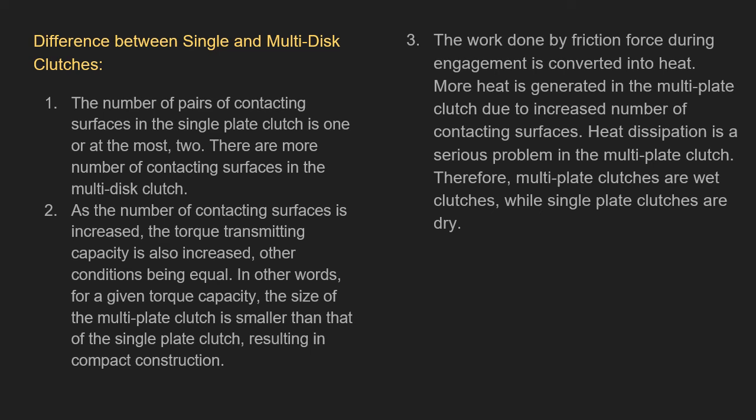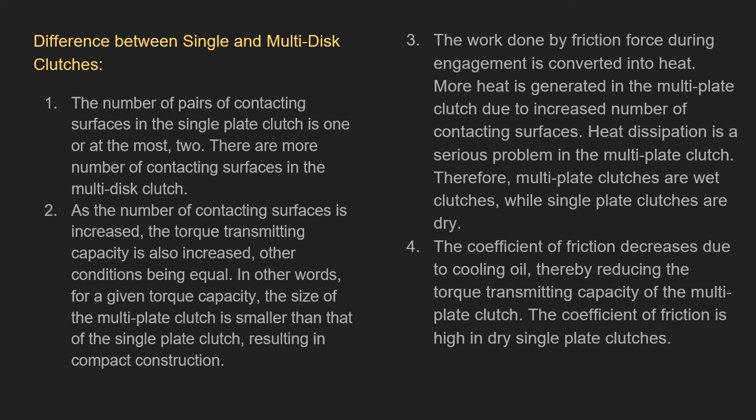Therefore, multi-plate clutches are wet clutches, whereas single plate clutches are dry. Because of the use of cooling fluids, the coefficient of friction will decrease, and we know that if friction is decreased, then the torque that can be transmitted will also go down. Whereas the coefficient of friction is very high in dry single plate clutches. Therefore, you should always go for an optimum choice.